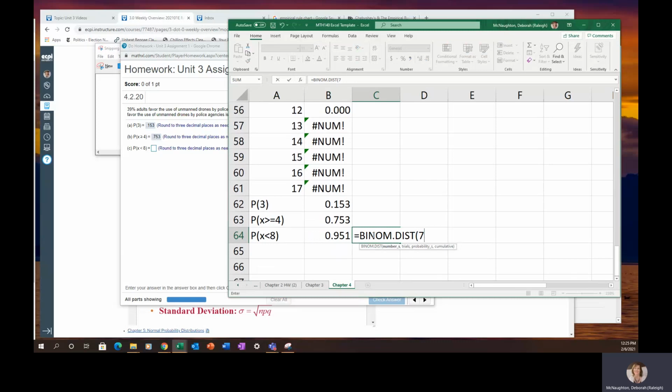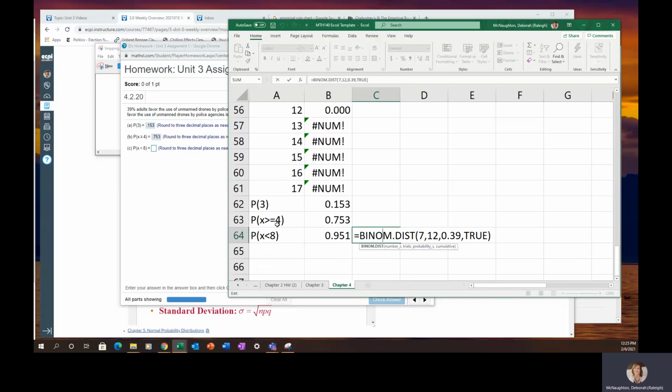If I use 7, because that would be less than or equal to 7, n is 12, and the probability was 0.39. If I put in true, that gives me the same answer. Okay, so that's how the cumulative distribution works.